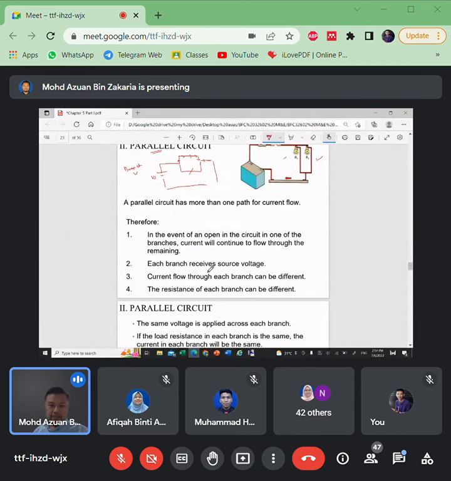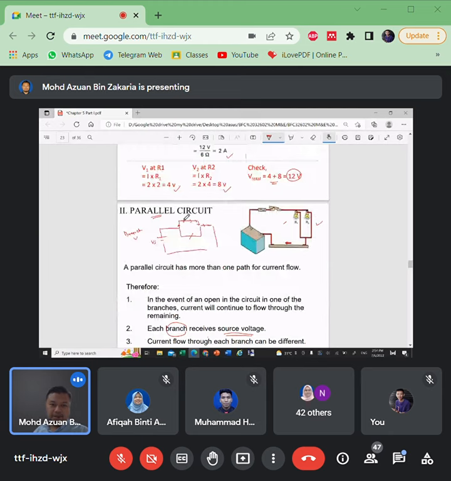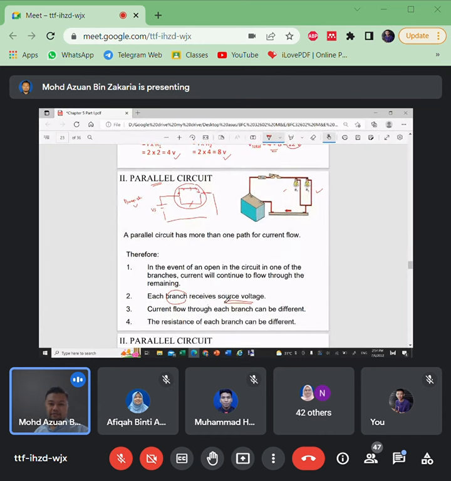Okay, let's see the concept of parallel. Each branch receives source voltage. This you need to remember. Each branch. So what is branch? This is branch. Every split, every branch has received source voltage. So if the circuit has 2 branches, this is 1 branch, R1, R2, and then this is another 1 branch, R3, R4.